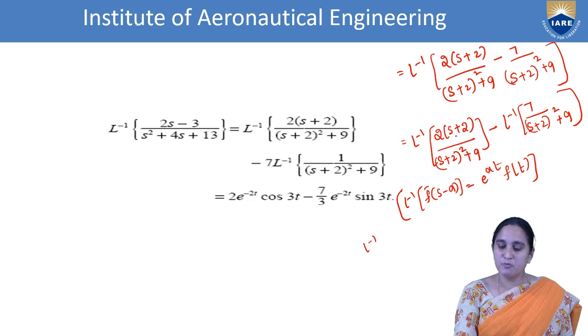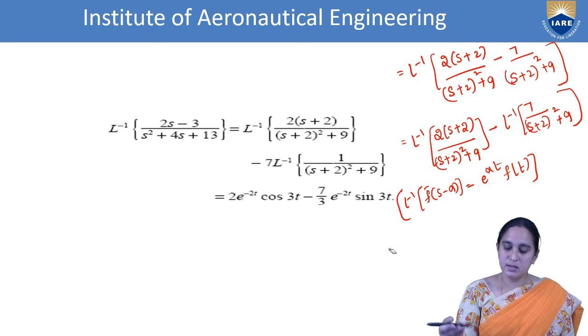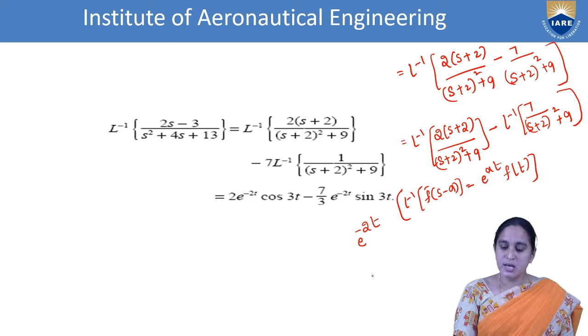Here a is minus 2, so I am writing e power minus 2t into the remaining part as 2 into Laplace inverse of s by (s square plus 9).